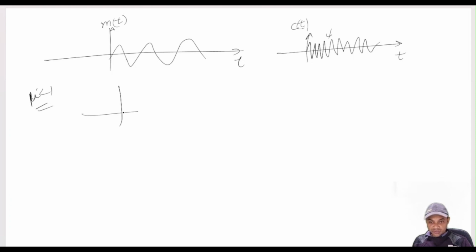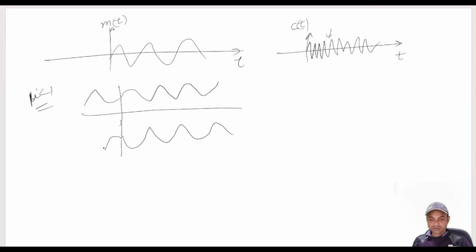If mu is less than 1, we can draw this signal here, and also we can draw the inverted one, continuing for minus t and plus t.